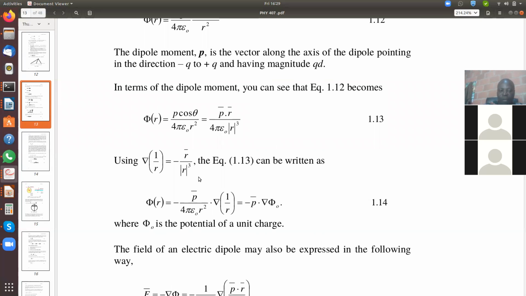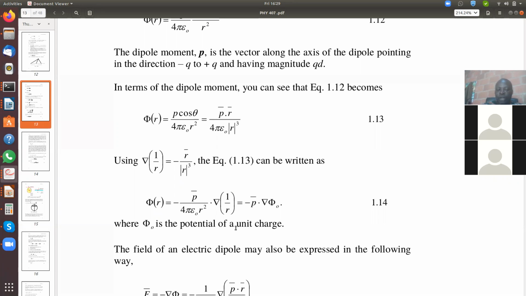So from this concept now, we can rewrite it as this is equal to this. We are still referring to this expression. So the whole of this now, if you take this out and you put this as a constant, you now have minus P, that is dipole moment, dot, this is now the divergence of grad of phi.